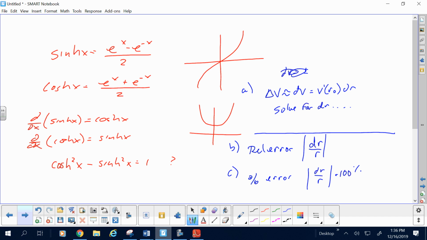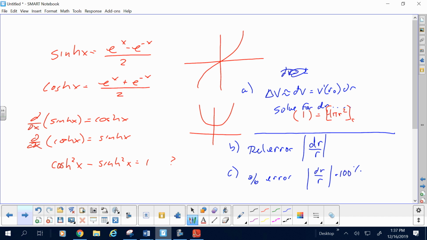So dV is the error they gave you. The volume could be off by as much as 1. This is 4 pi r squared.